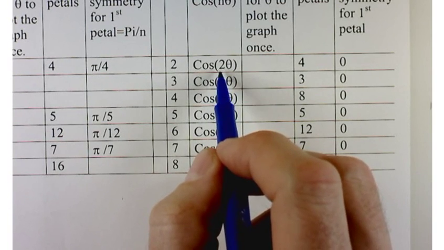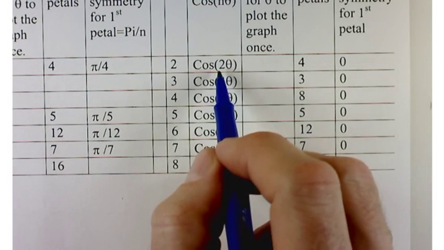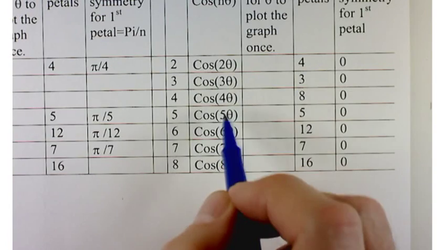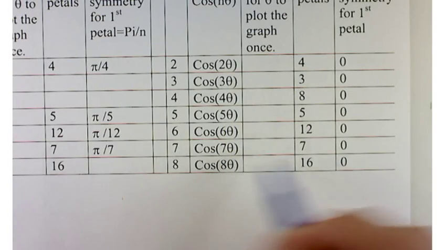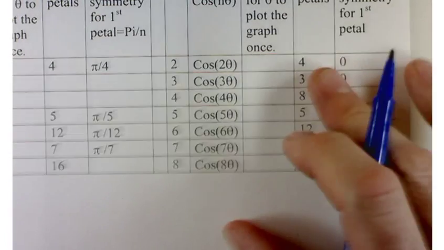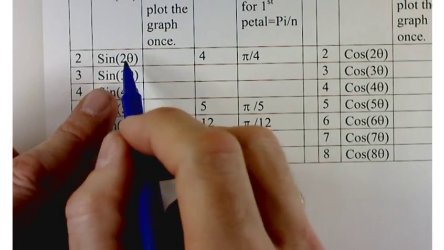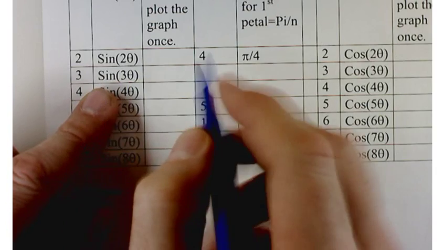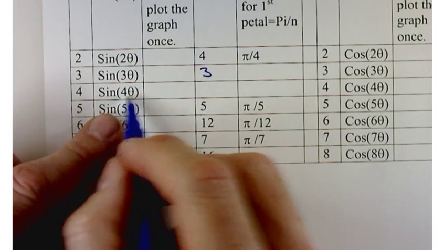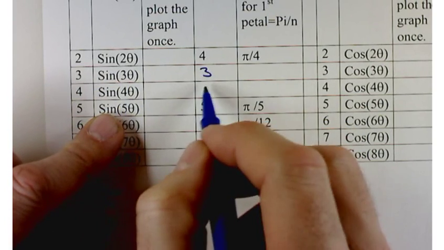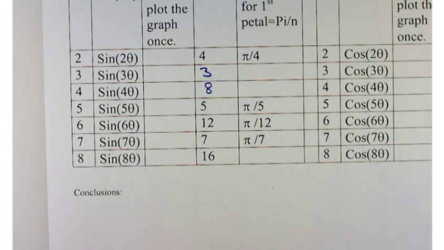If it's even, then you get twice as many petals as this number. If it's odd, it's the same number. So that holds through all the way down. Same thing is going to be true with the sine graph. 2 and 4. 3 and 3. 4 and 8, etc.